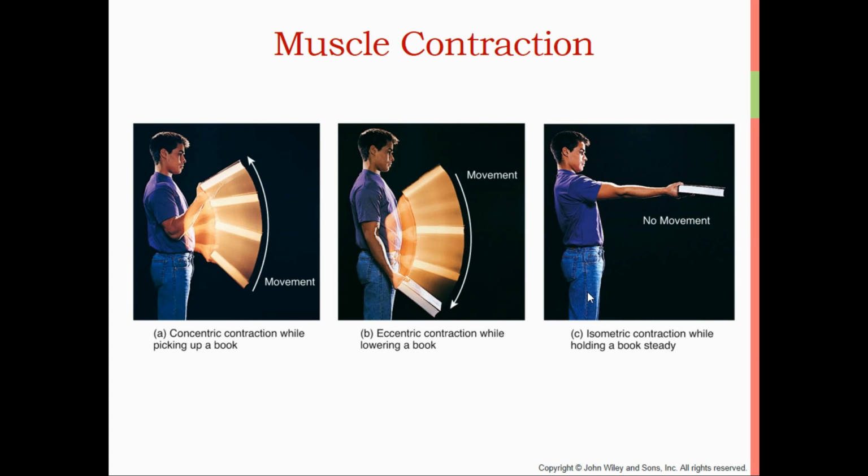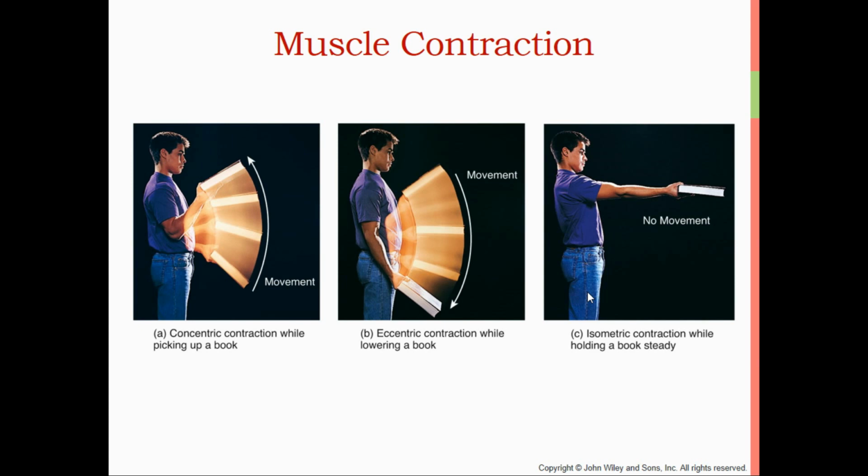So by allowing that book to fall slowly, or if you do a negative, say if you're doing a bench press exercise and you push the weight up, and when you do a negative is you allow the bar to come back to your chest as slowly as you can. That's still, even though you're fighting gravity in the opposite direction.